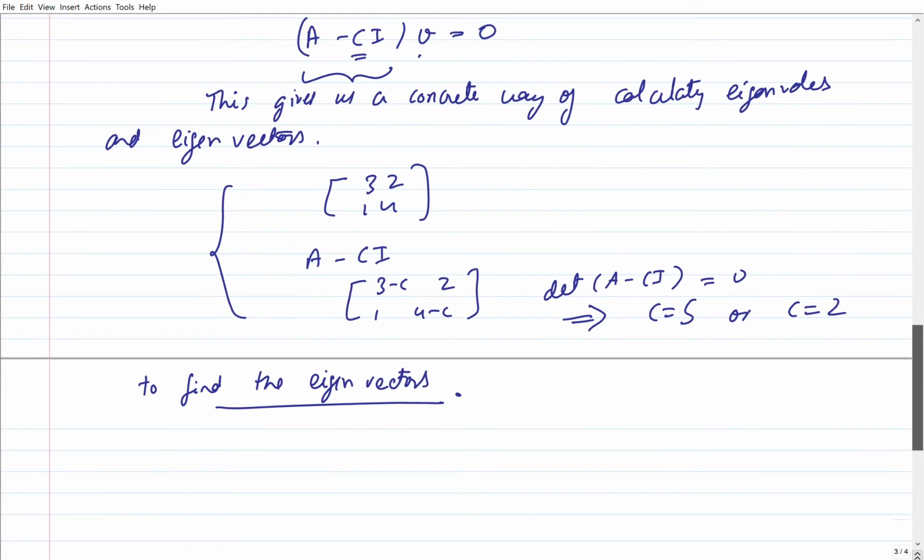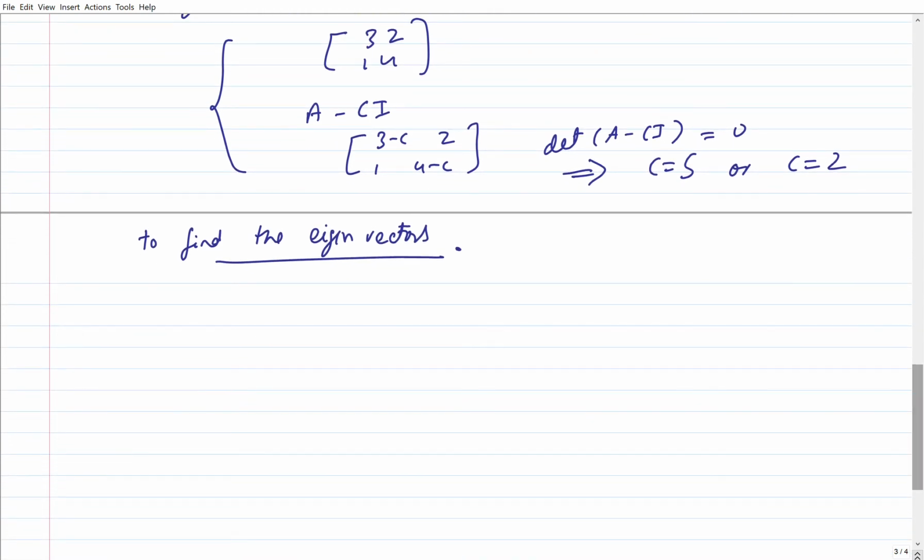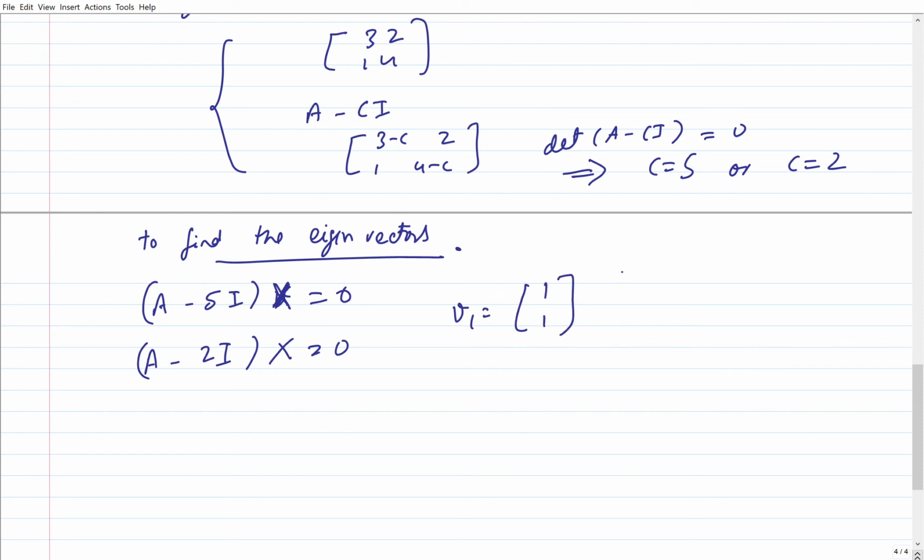So once we have the values of c, we plug those values back, or we can replace v by the coordinate vector of v and (A minus 2I)x equals 0. So we get v1 equals (1, 1) and v2 equals (2, minus 1).